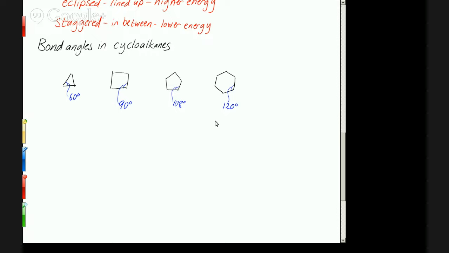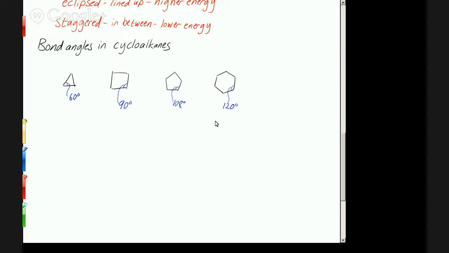Yep, 6 carbons in a ring. Right. So you've all noticed that now.